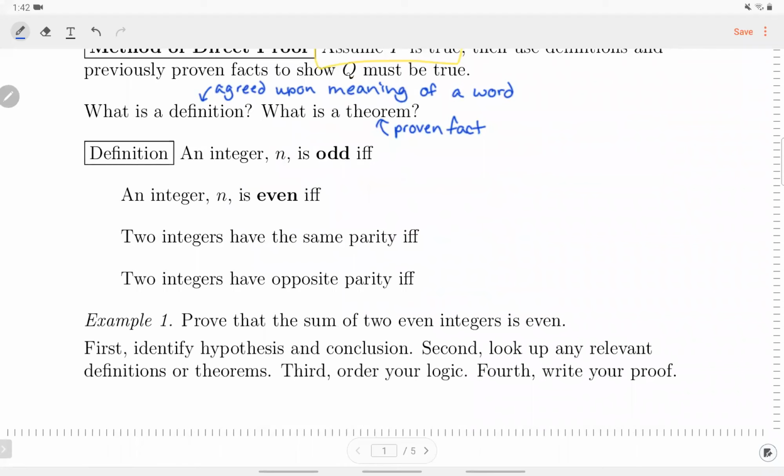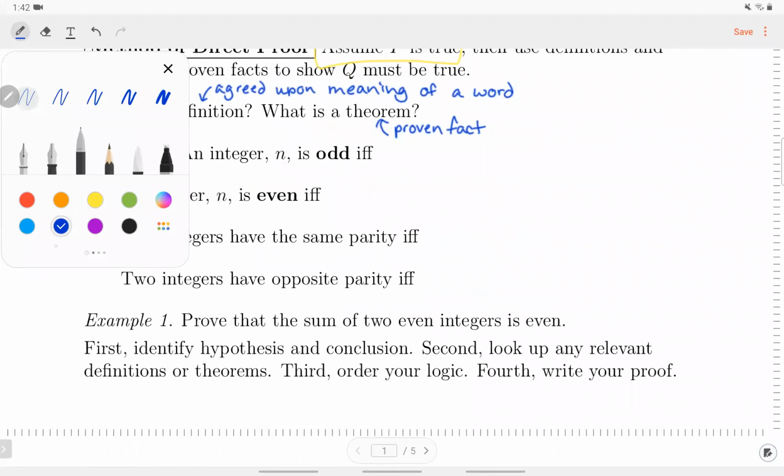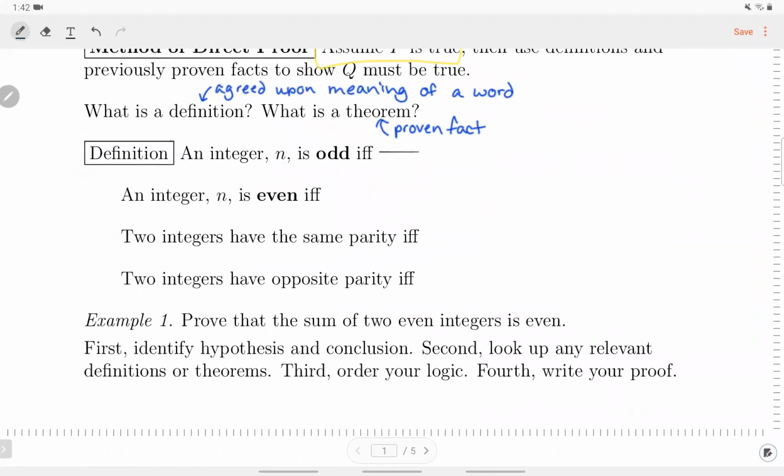An integer n is odd if and only if there exists a k in the integers such that n is 2k plus 1. So that's how we're going to define odd. It is twice an integer plus 1.